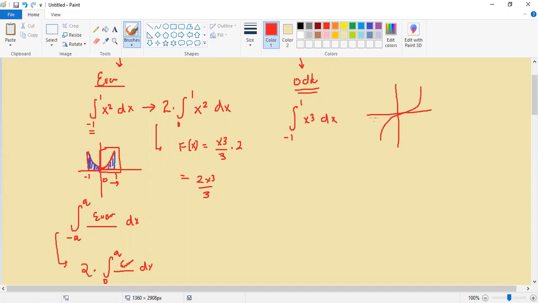We would find that negative 1 would start from here and end here at 1. So this is our interval here, and you could understand that the area under the curve, while it is symmetrical, seems to cancel out on itself.